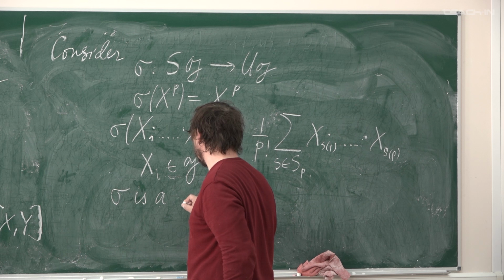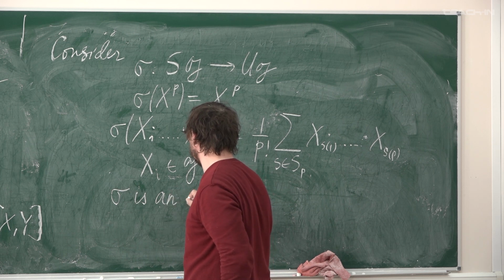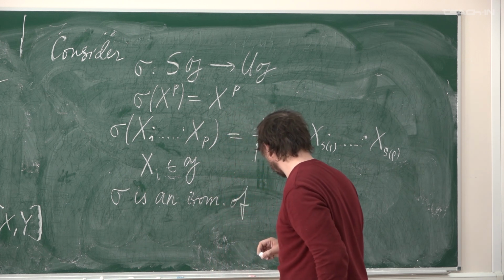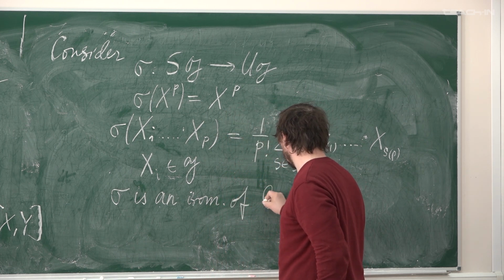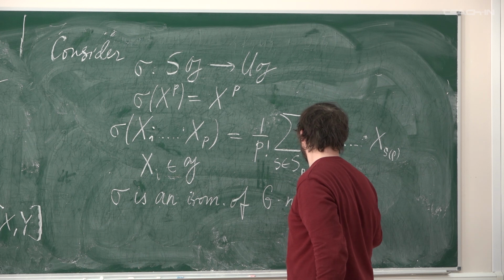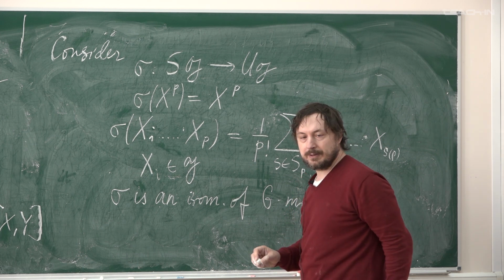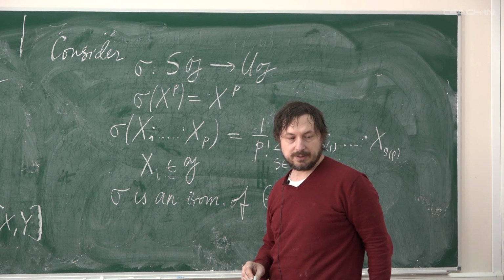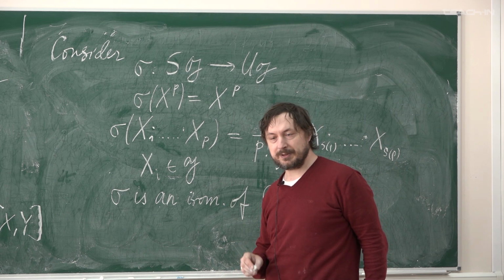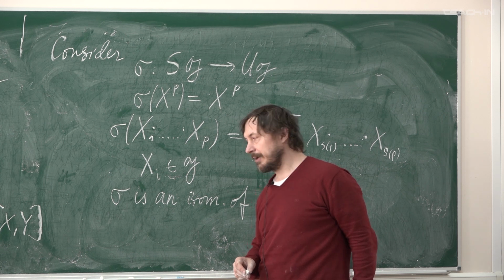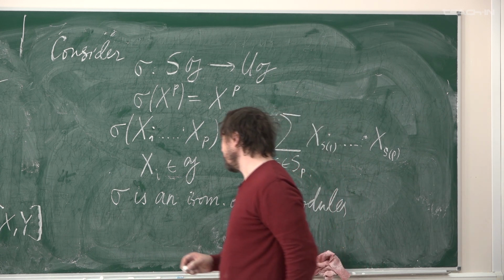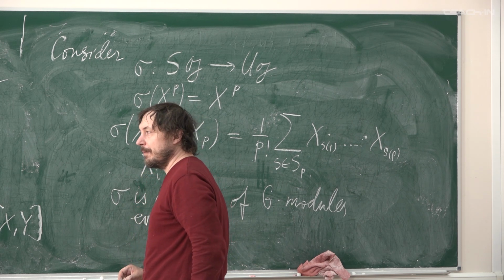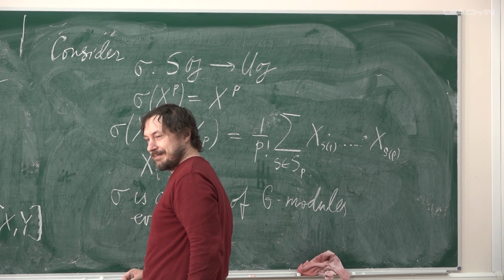Not just linear, but actually an isomorphism of g-modules, where you allow the group g to act on both sides by conjugations. So that's actually a homomorphism of g-modules. Moreover, it's even an isomorphism of coalgebras.